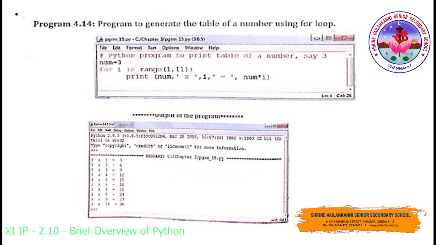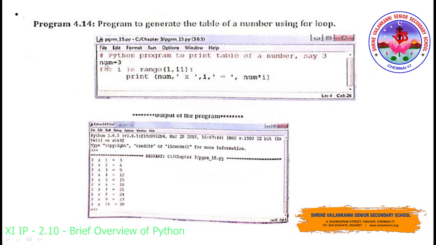As we are discussing the for loop here, I'm explaining with this particular concept. So to print the multiples of 3, what we have to do here is num equal to 3. So num equal to 3, they are just assigning the value 3 to the variable num. And now what they have done here is for I in range of 1, 11.